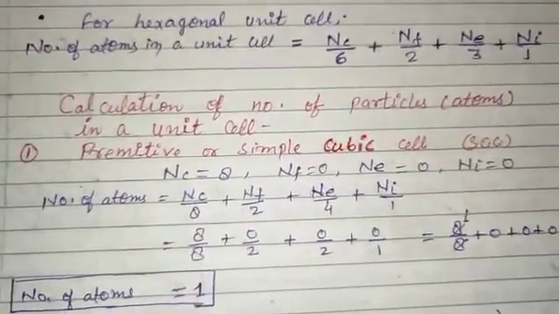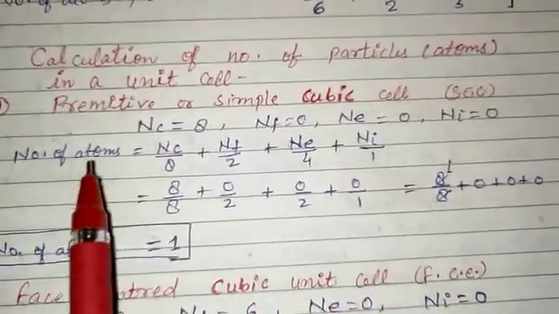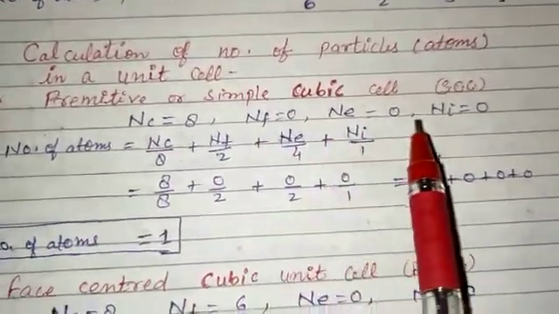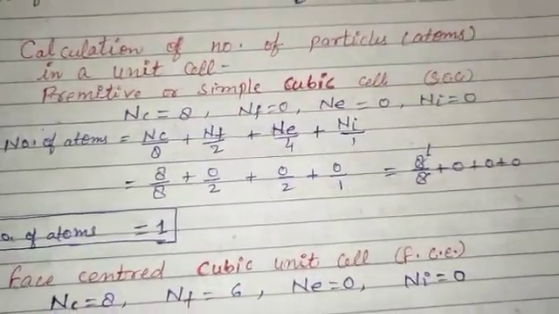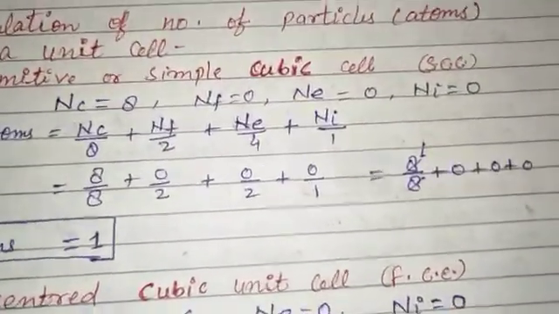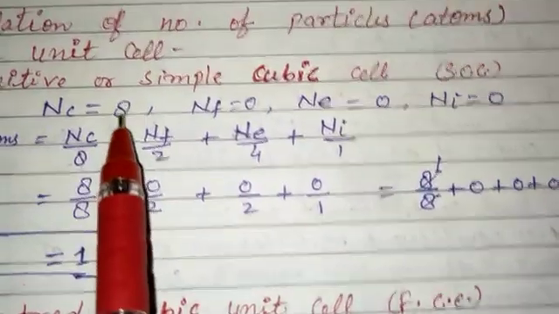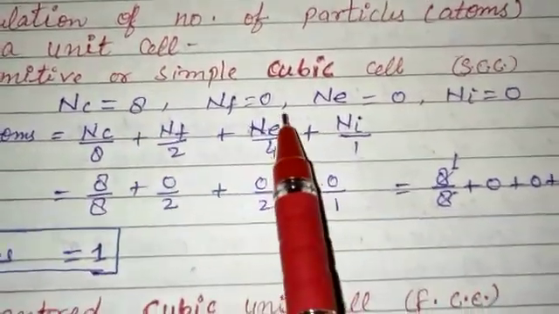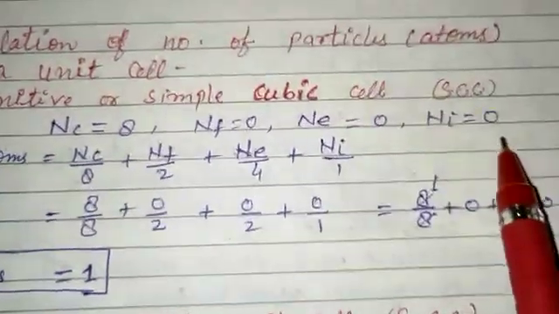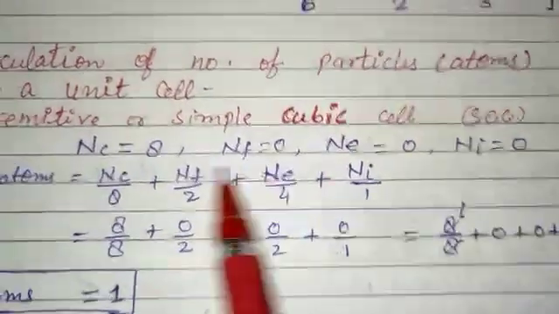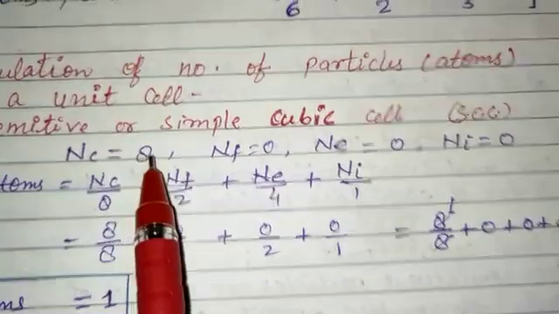See first, the primitive or simple cubic unit cell. Number of corner particles 8, face 0, edges 0, and inside the cell 0, because in a primitive unit cell particles are present only at the corner.